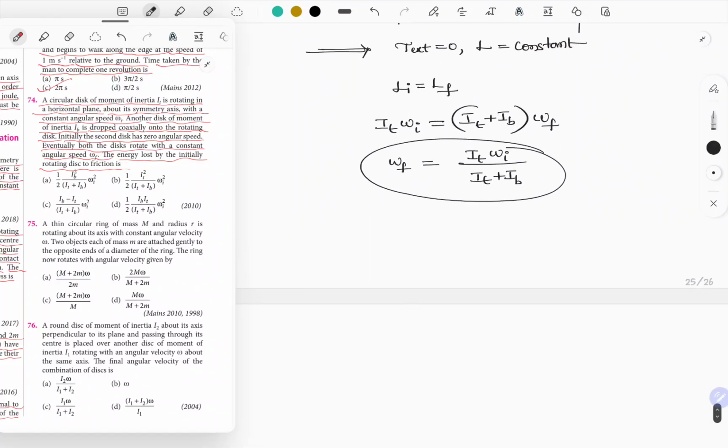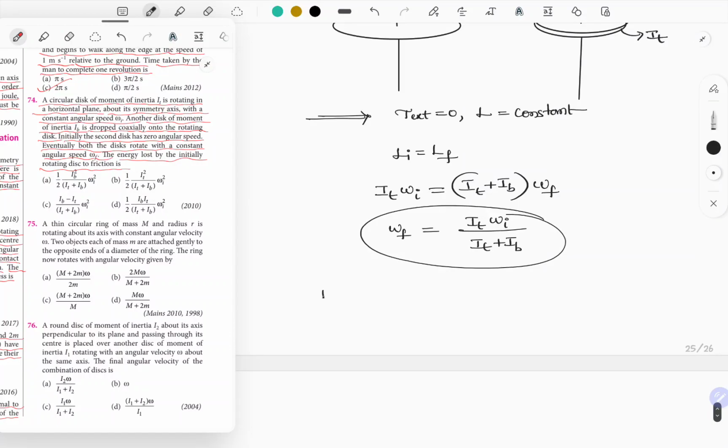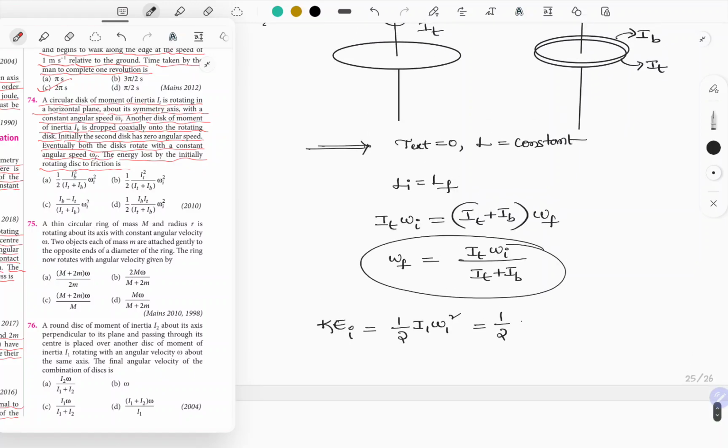This is final angular velocity of the disks after adding those disks on the another. Okay. Now I need to find out loss in kinetic energy. First of all, let me write down initial kinetic energy, that is 1 by 2 I1 omega 1 square, which is equal to 1 by 2 IT omega initial square. Now final kinetic energy is 1 by 2 I2 omega 2 square, which is 1 by 2 into IT plus IB into omega 2 square.